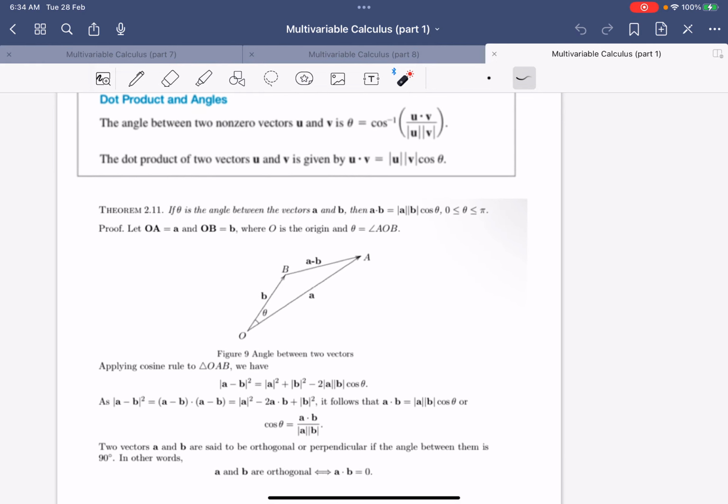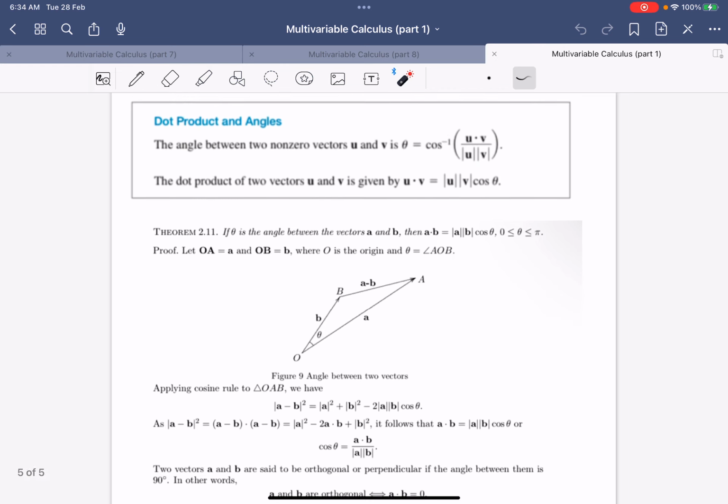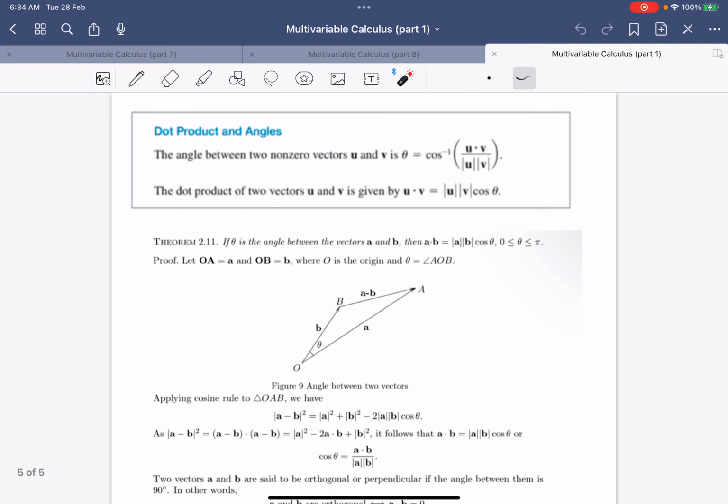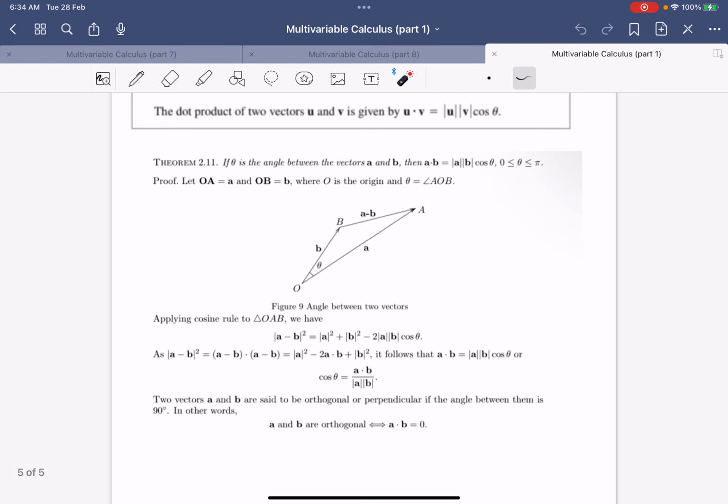Lastly, let's talk about one use of the dot product, and that is finding another definition of the dot product in terms of the angle. This definition arises from the cosine rule. Note that the length of a minus b, squared, equals a squared plus b squared minus 2ab cosine theta.